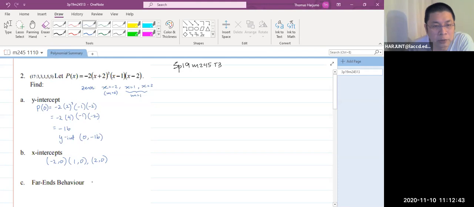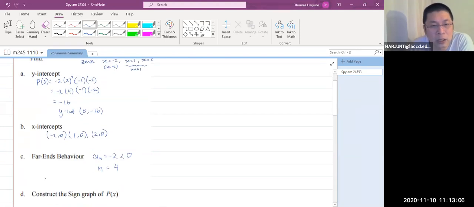Now, how about the far end behavior? The leading coefficient is -2. That's a negative number. How about the degree, by the way? The degree is 2 from here, 1 from here, another 1 from here. So the degree is 4. So basically, the leading term is -2x to the 4.